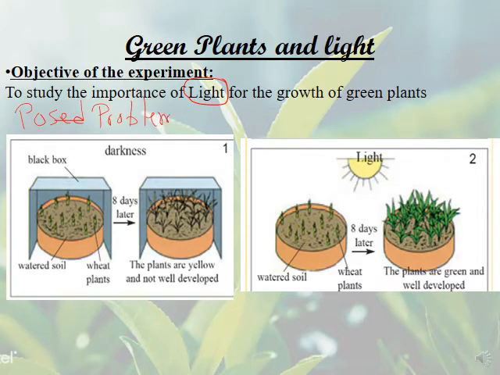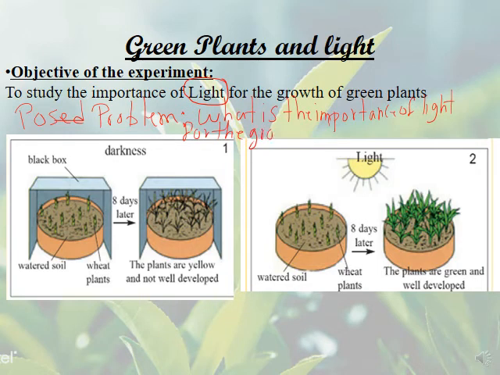So what is the posed problem? What is the importance of light for the growth of green plants? This is the posed problem. It should be in the form of a WH question.